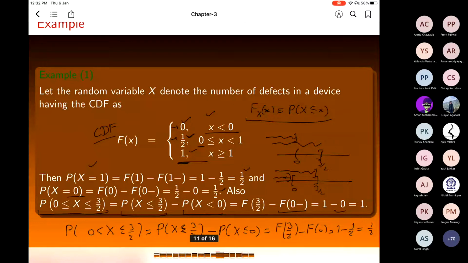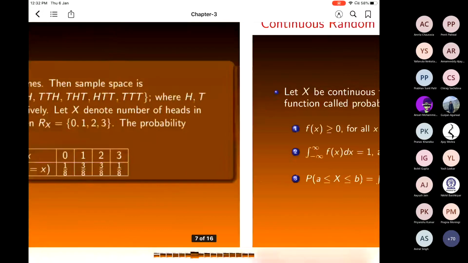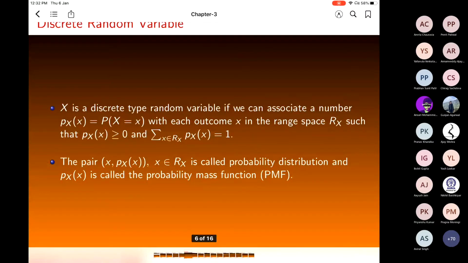Now we have seen that if we have the CDF as having jumps, then that is a right continuous step function. Then the corresponding random variable is discrete type, and we will have correspondingly probability mass functions.